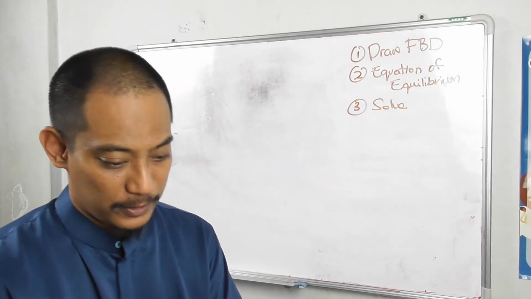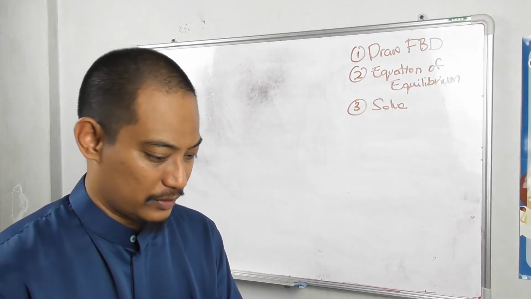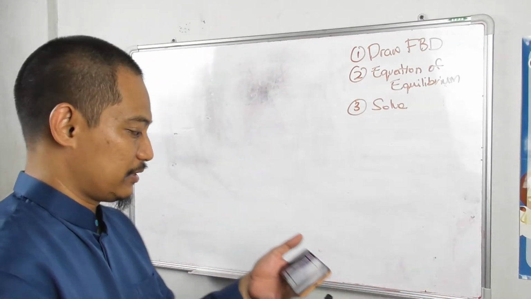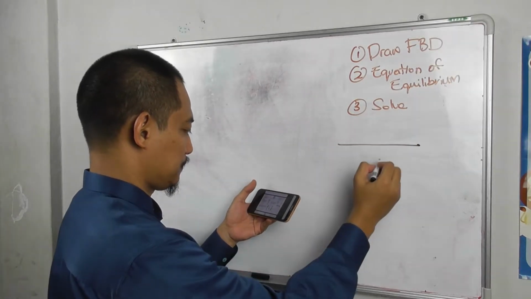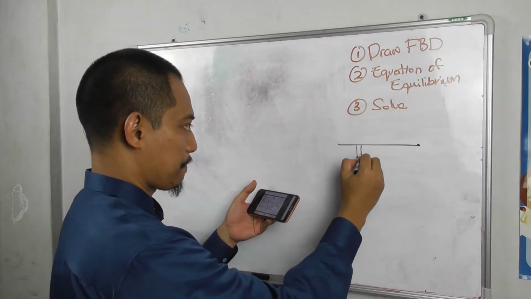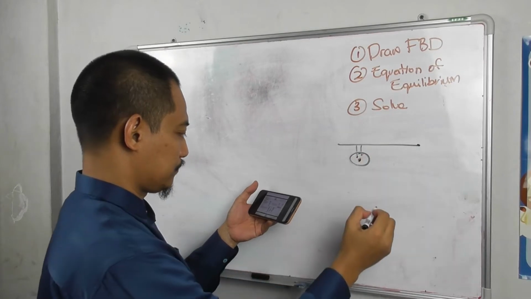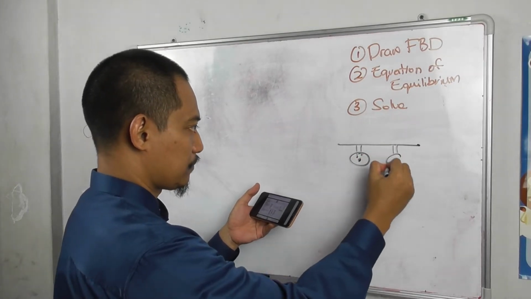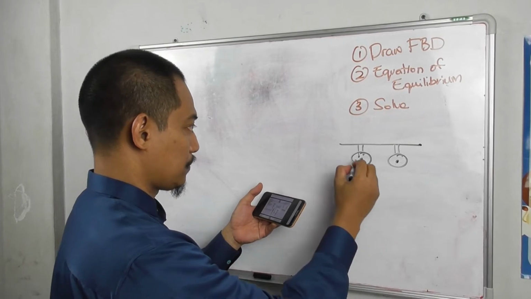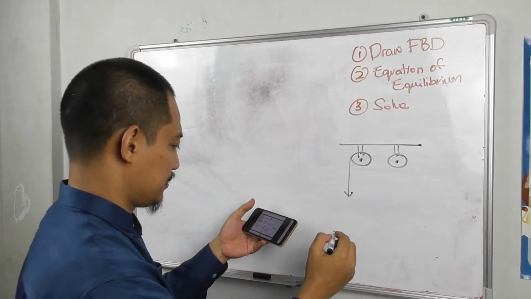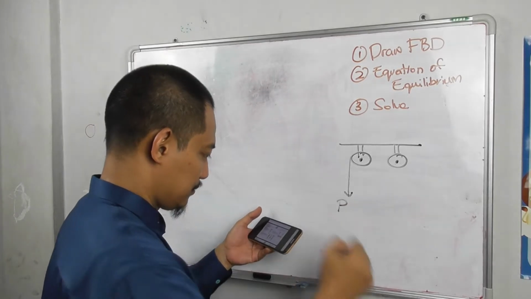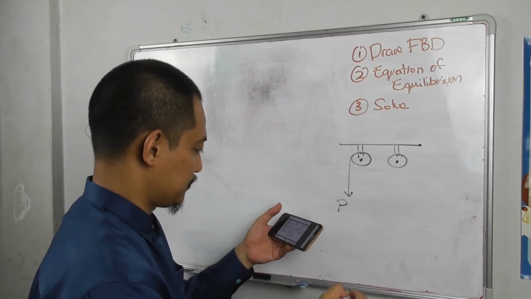address them one by one. So the first question, okay, the diagram is something like this. I'm not sure if this is clear because the marker at this house is already at the end of its life.